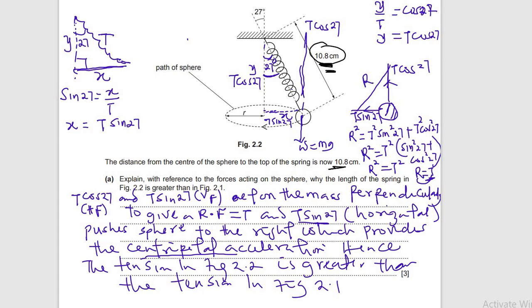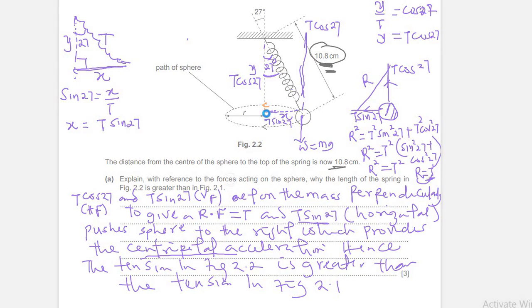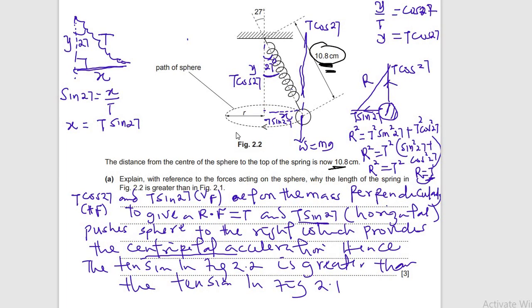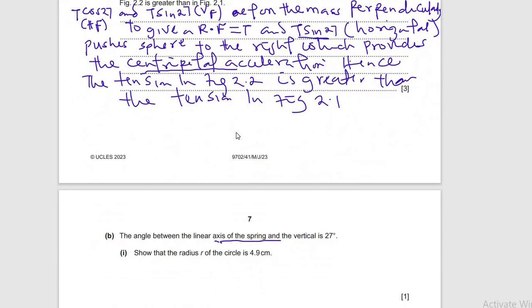Now from here to here is the radius, as you can see. Now the question asks us to show that the radius of the circle is 4.9 centimeter. So you can see it looks like a triangle.